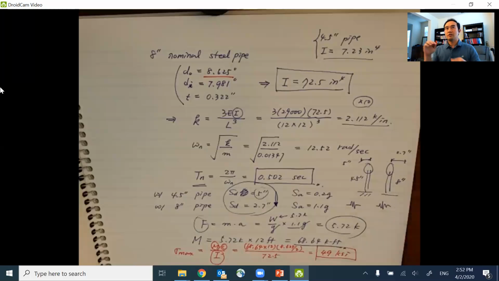Whenever you change the size or the material property, even the weight, because weight directly affects your mass, and material properties and dimensions directly affect your stiffness calculation. Stiffness and mass will affect your fundamental frequency, which has an inverse relationship with the fundamental period. And that fundamental period will directly affect your seismic demand through the spectral acceleration.